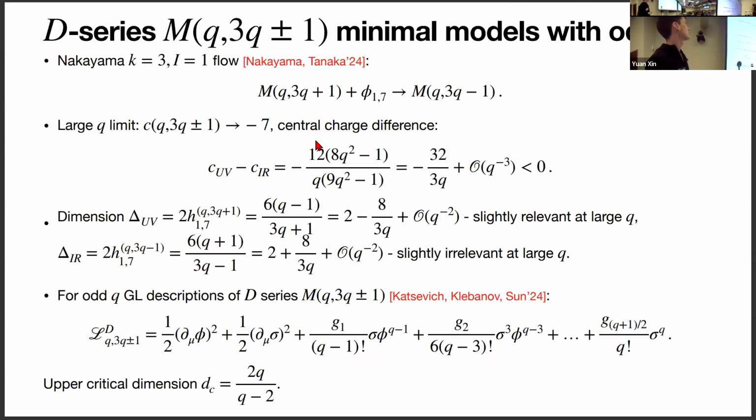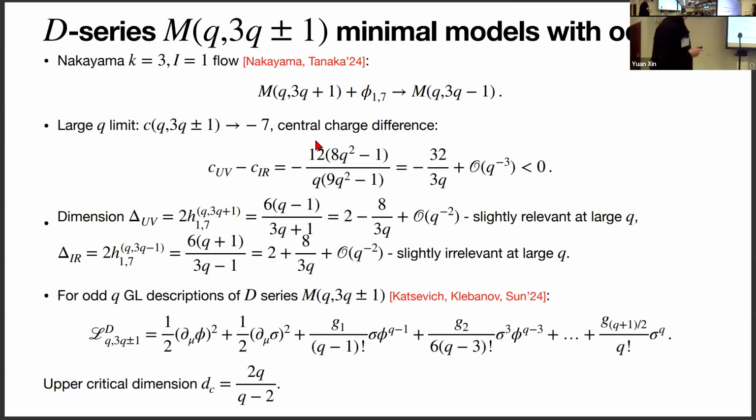Let me consider one of the Nakayama flows, the k=3, l=1 Nakayama flow from M_{Q,3Q+1} to M_{Q,3Q-1} minimal model. We can take the large Q limit.